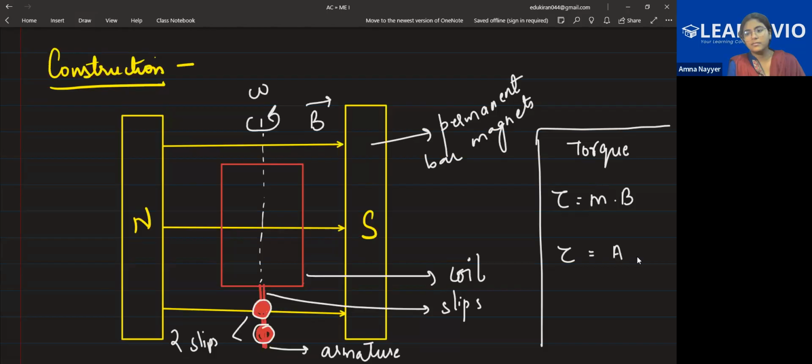So this becomes current into area into B. And if N number of turns are present, then it will be NAIB. So this is the story of a torque.